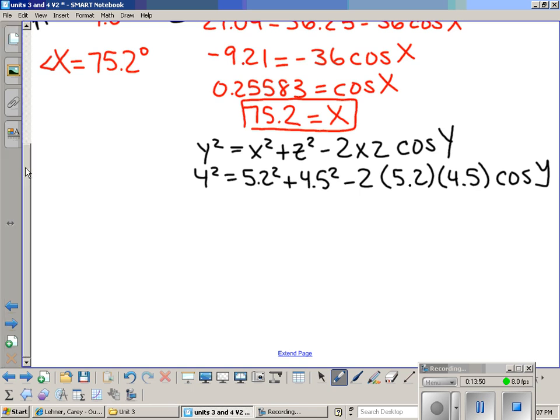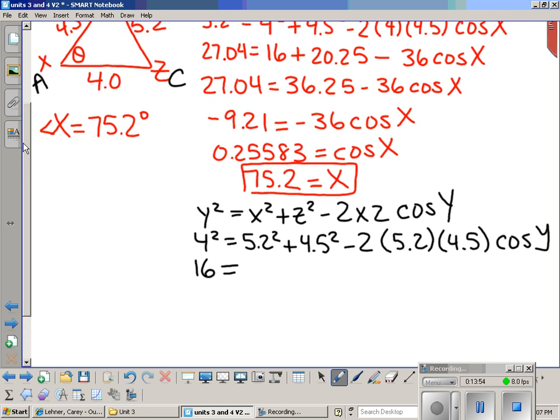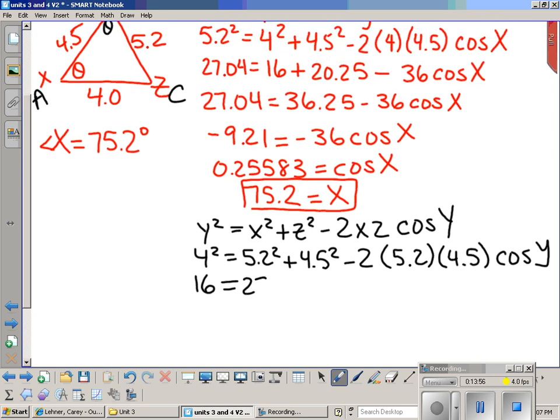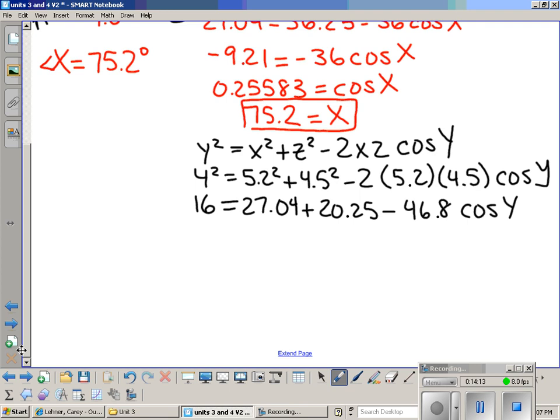So we have 16 equals 5.2 squared is 27.04, 4.5 squared is 20.25, 2 times 5.2 times 4.5 is 46.8 cos y. 27.04 plus 20.25 is 47.29.